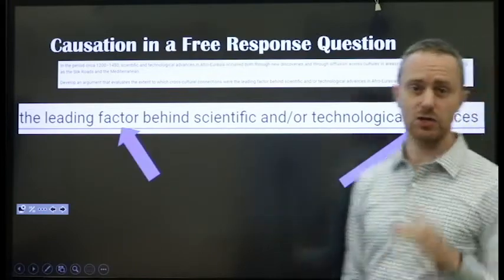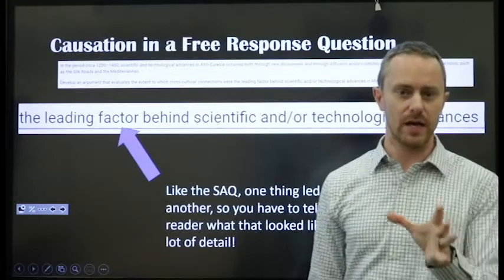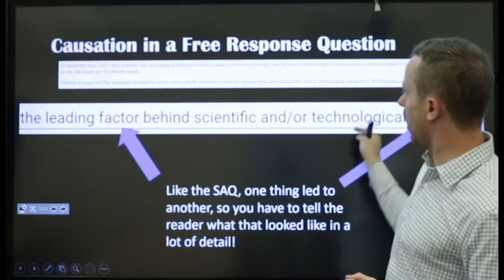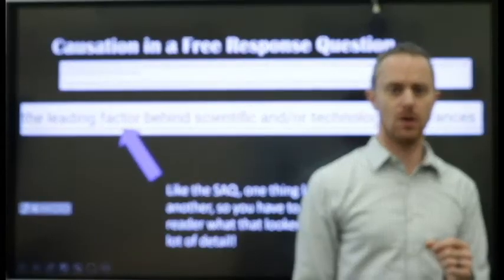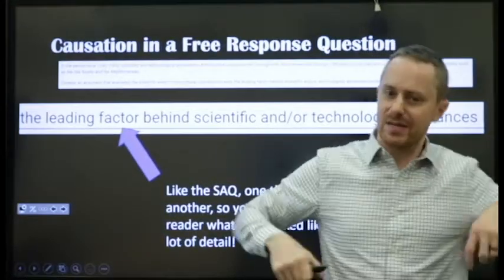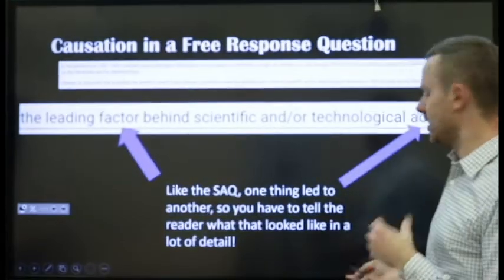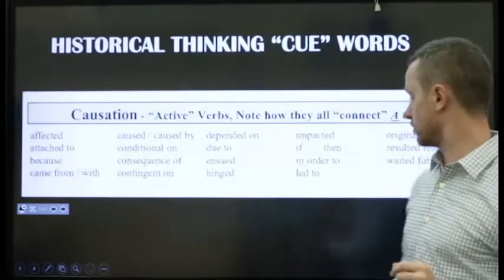Factor and advances are our keywords. Again, like the SAQ, one thing led to another. Scientific and technological advances were caused by what? Cross-cultural connections. Okay, so identifying that cause and effect and exploring how that looked and what it looked like is going to get you all the points you need on a free response question like this. You got to demonstrate that to the reader.